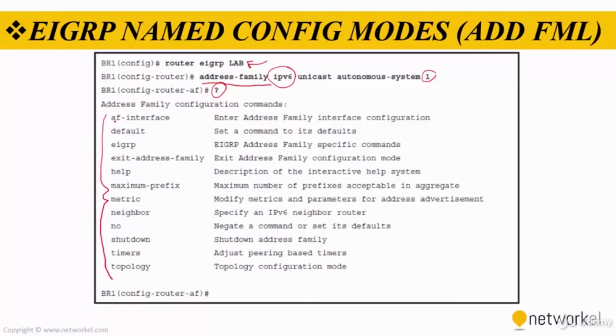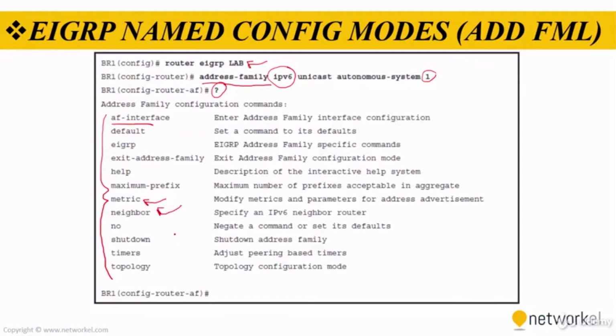We can define af-interface to enter address family interface configuration. For example, we can define the metric. We can specify an IP version 6 neighbor router by using the neighbor command.